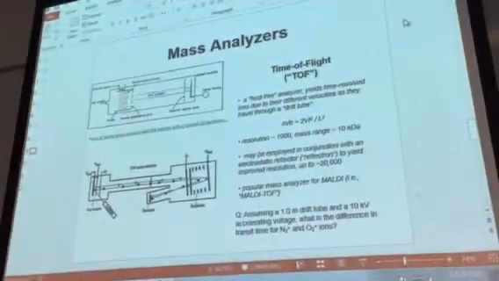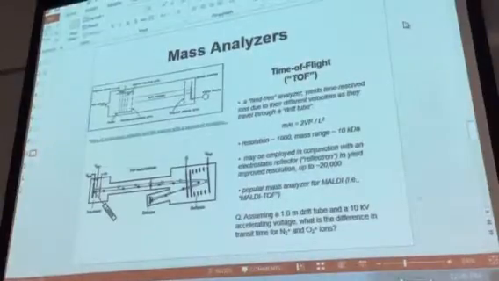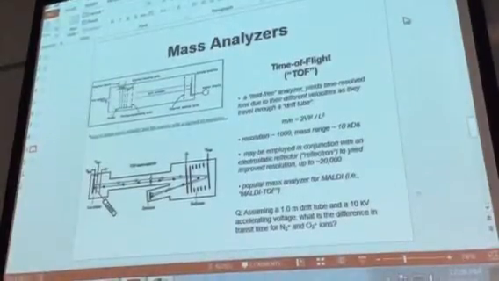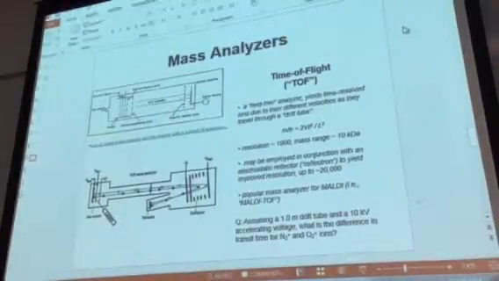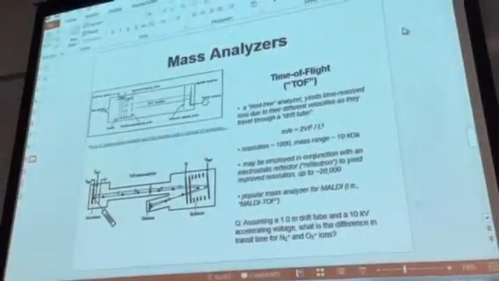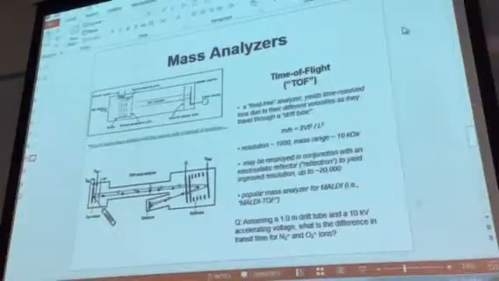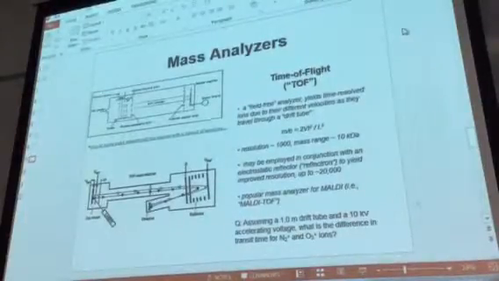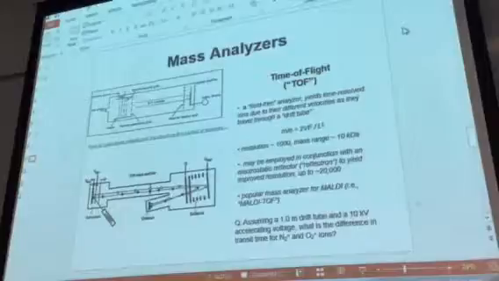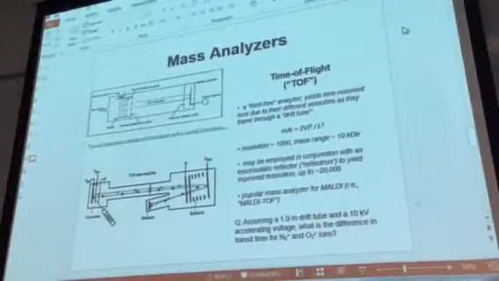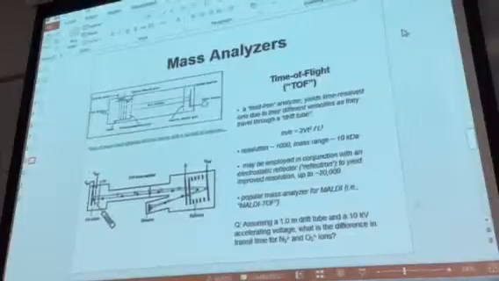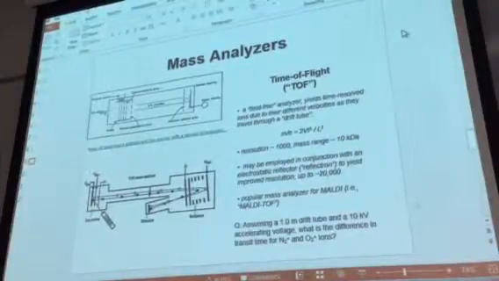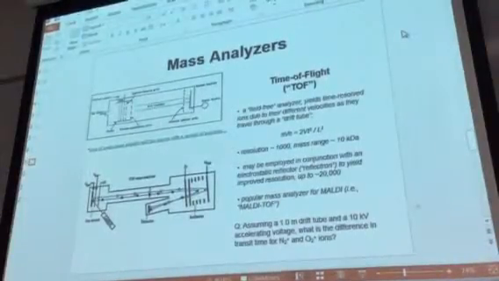Now, you'll notice a common theme for all mass analyzers except one, and this is the one. The common theme for all the other mass analyzers is that the charged analyte species are forced to interact with magnetic or electric fields, sometimes both, and magnetic and or electric field interactions give you the mass discriminating ability.